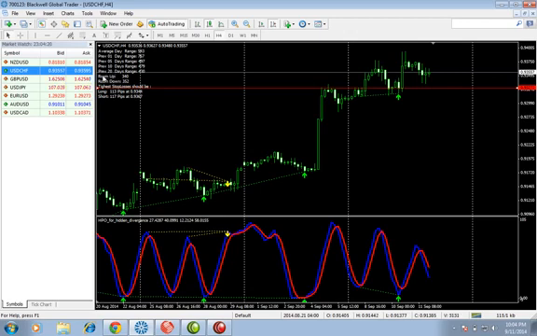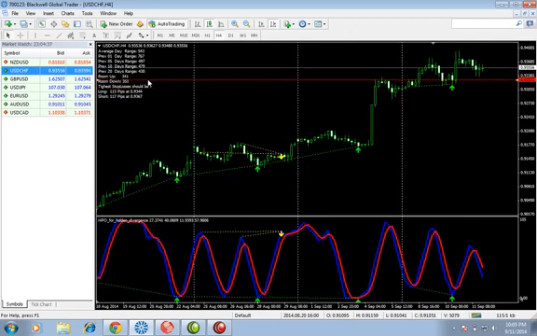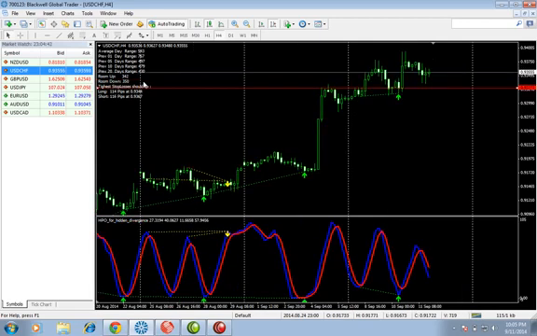One of the things I would recommend as your exit is to look at the previous 20 days range. In this case, you're seeing an average of 43 pips, 430 points. This is a 5-digit broker, so 43 pips.